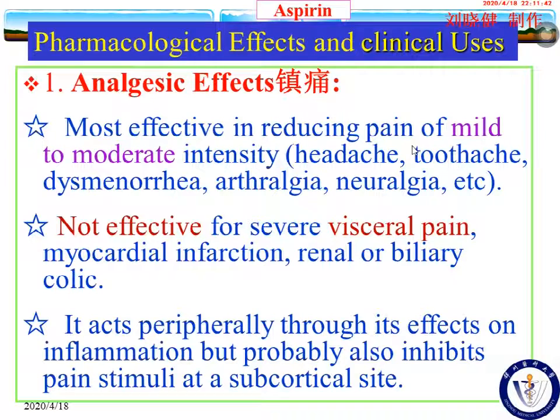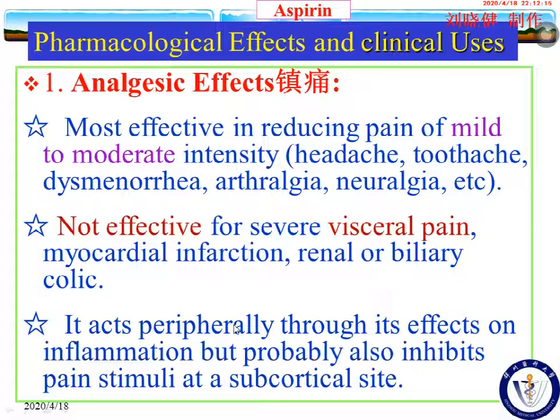It is not effective because this pain doesn't involve inflammation. Myocardial infarction is caused by ischemia. Renal and biliary colic is related to smooth muscle spasm and directly stimulates the nerve endings.